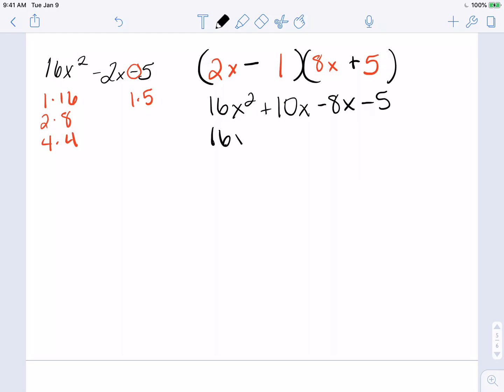So I got 16x squared plus 10x minus 8x, that's plus 2x, minus 5. Okay, so it's actually pretty close to what I had before, but this sign right here is wrong.